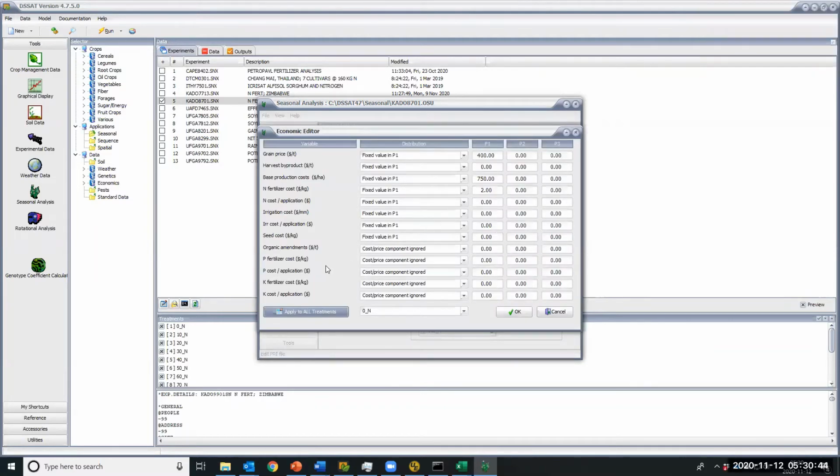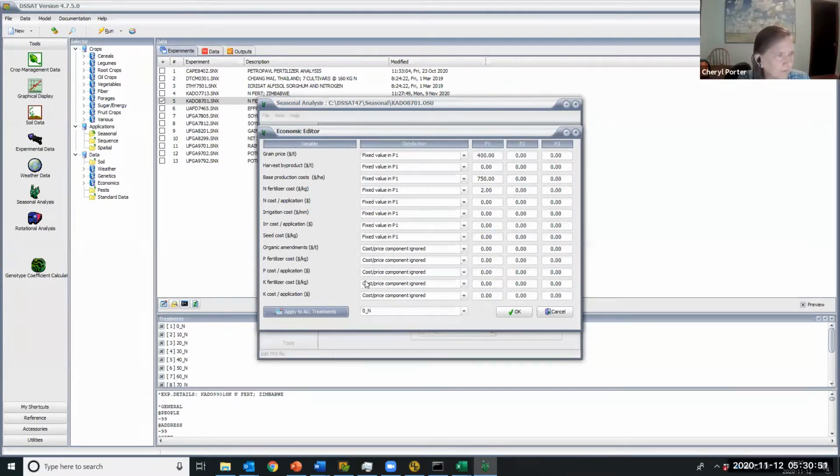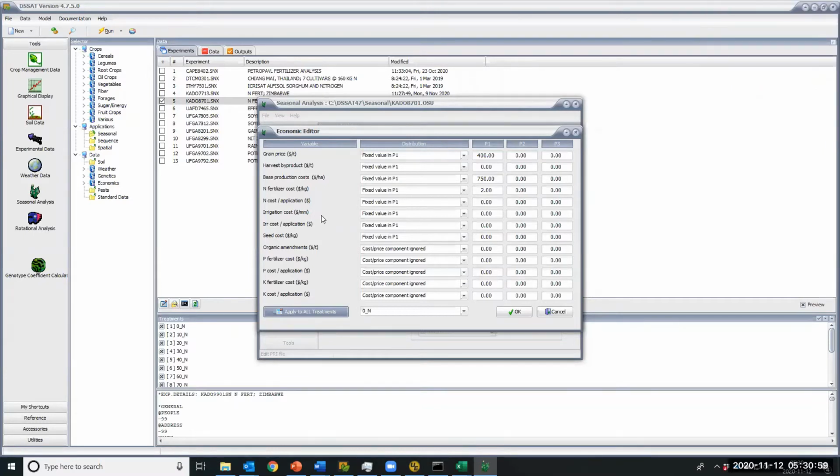So your exercise gave you some very specific values to put in for the grain price and the costs of production.